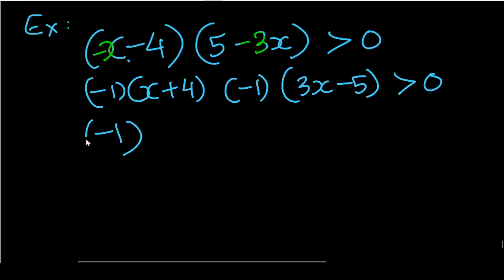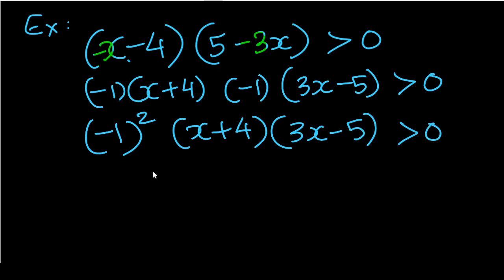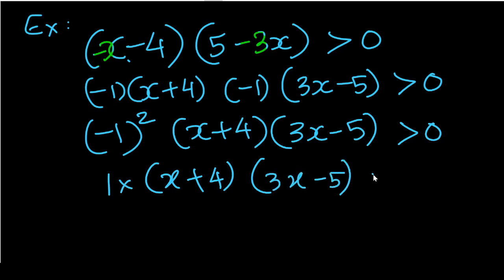Now this minus 1 gets multiplied with the other minus 1, it becomes minus 1 squared, which is 1, times x plus 4, 3x minus 5 greater than 0. As you can see, the result of this is the same as the result of the original.